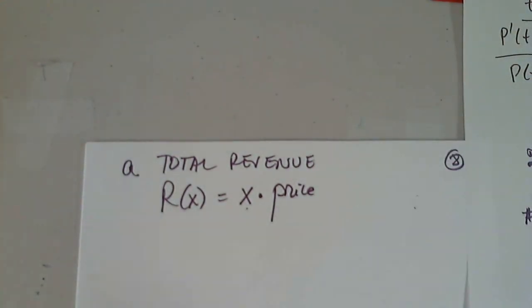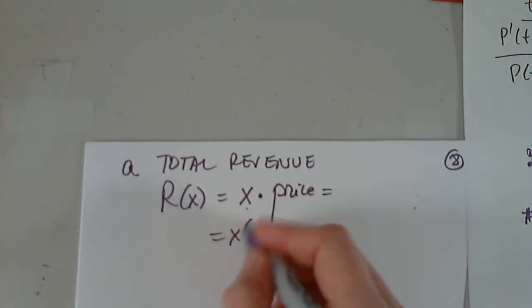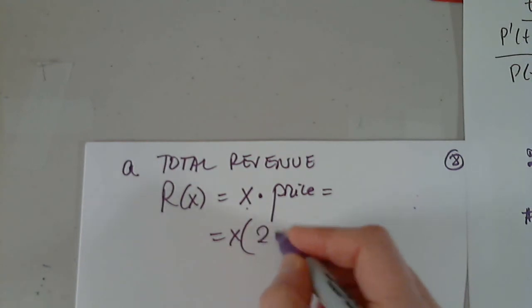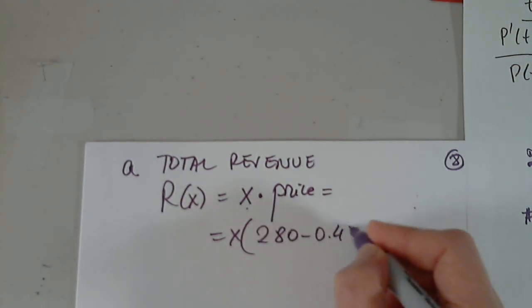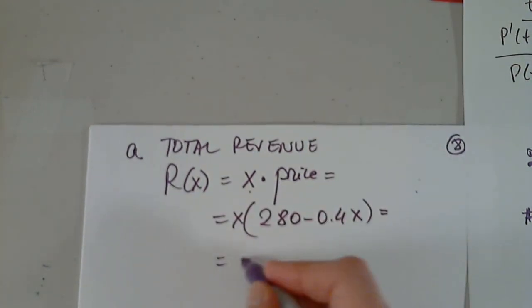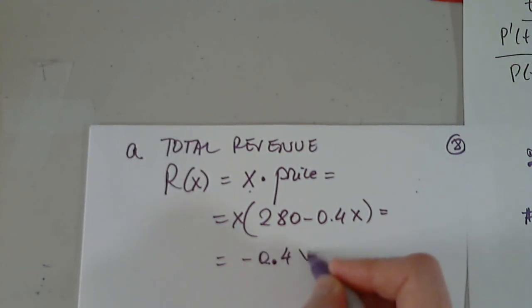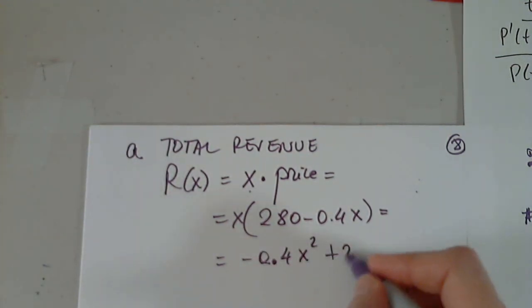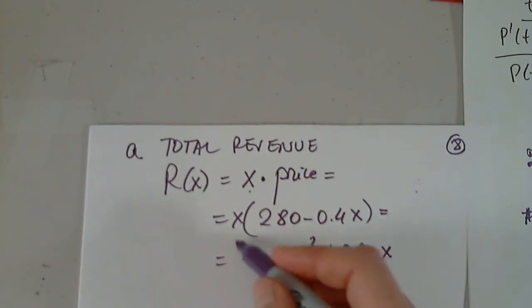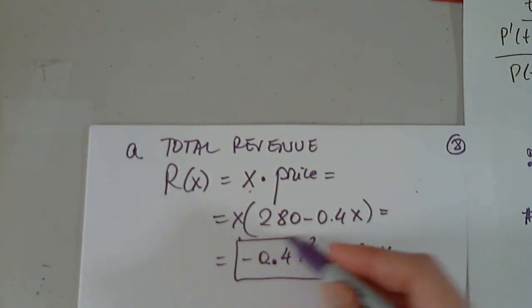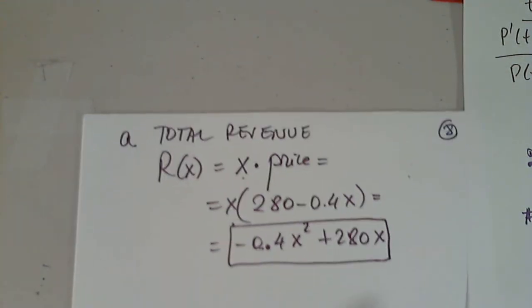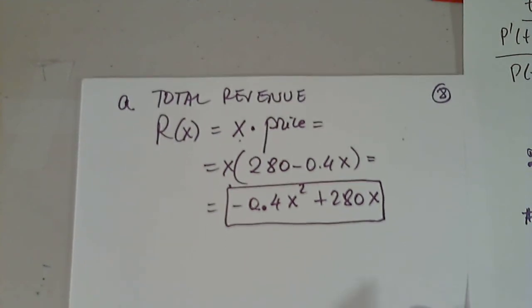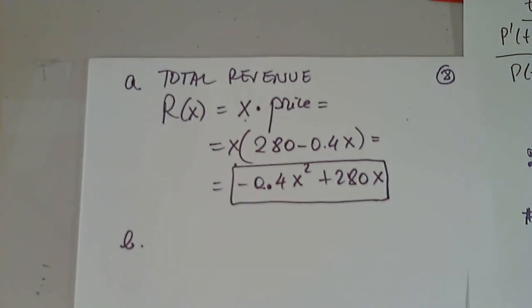But the price is given to us in the form of 280 minus 0.4x. I will distribute, negative 0.4x squared in descending order, plus 280x. So this is the revenue. Any questions?